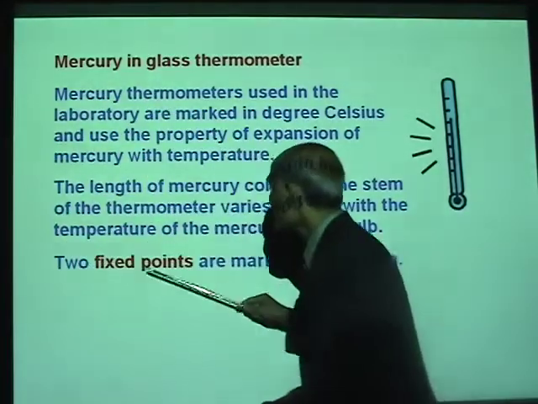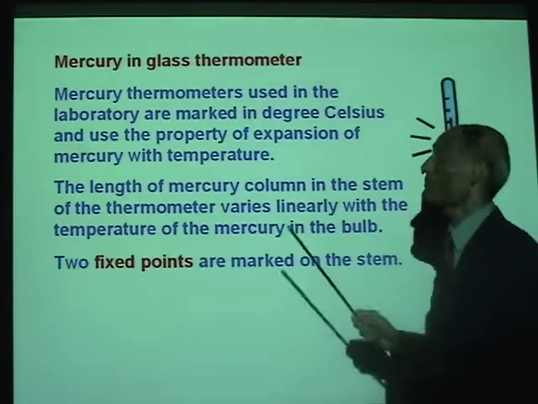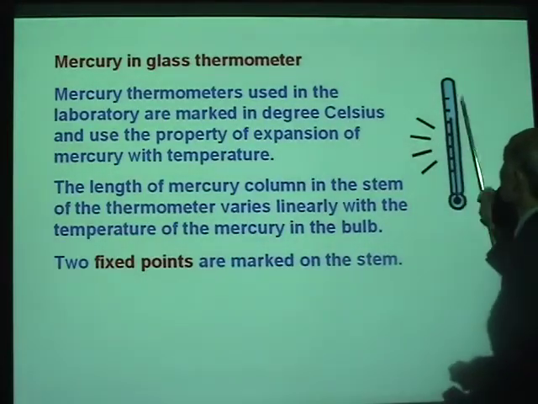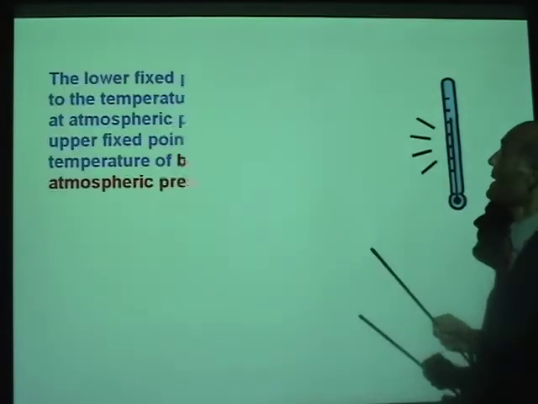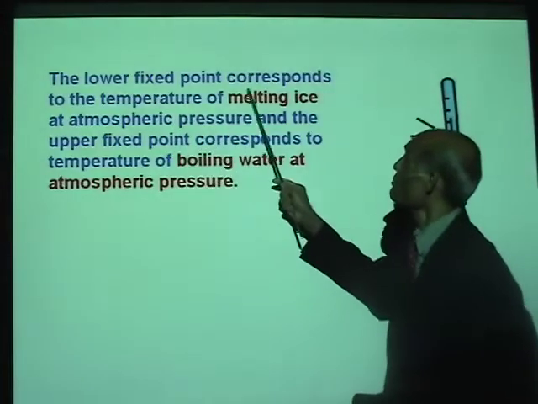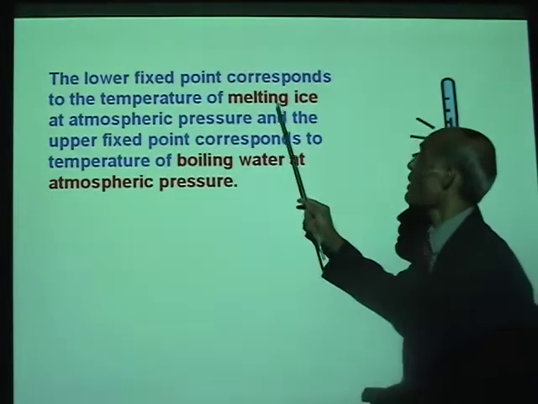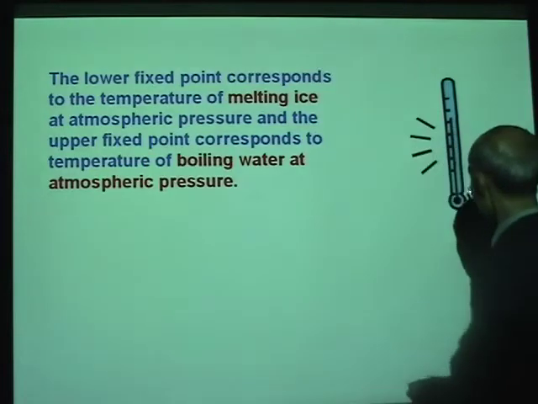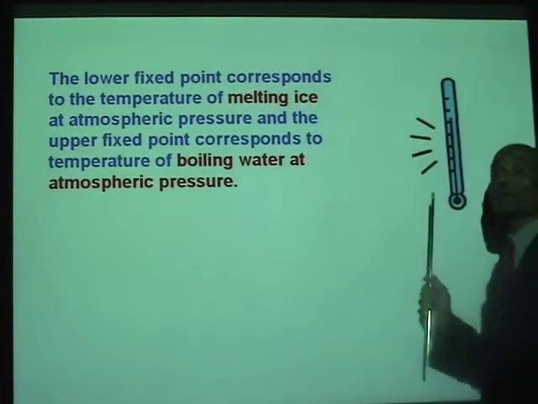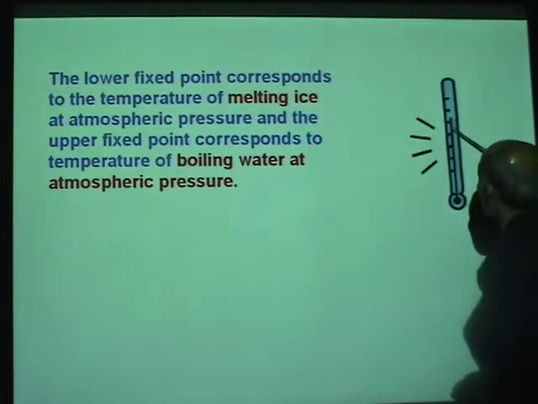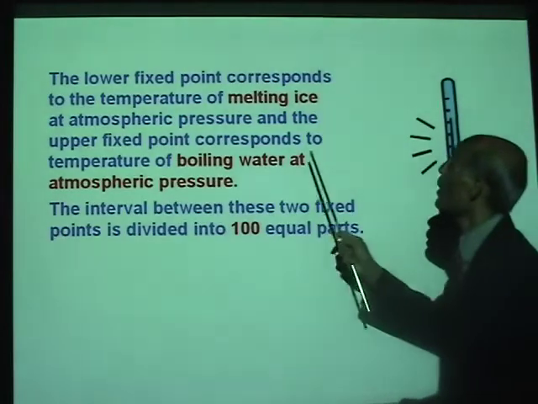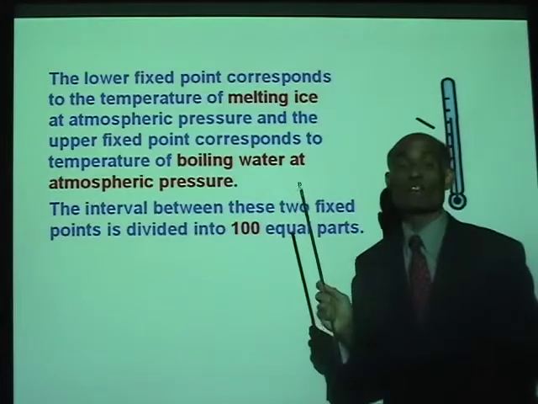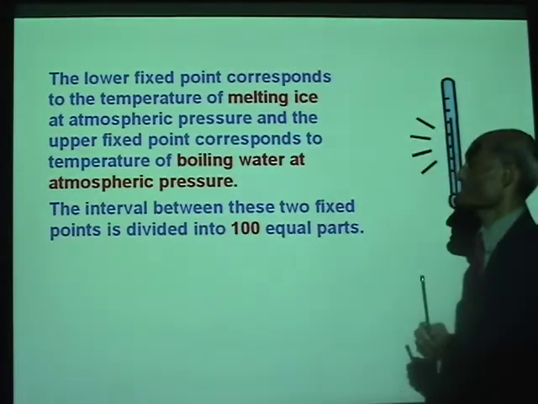So, 2 fixed points are marked on the stem. Once you get the thermometer made, you need to make 2 fixed points on the stem. What are they? The lower fixed point corresponds to the temperature of melting ice. So what you do is, you put this thermometer in melting ice, and when the level of the mercury becomes steady, you make a mark on the thermometer, and that will be called the lower fixed point, which is 0 degrees Celsius.